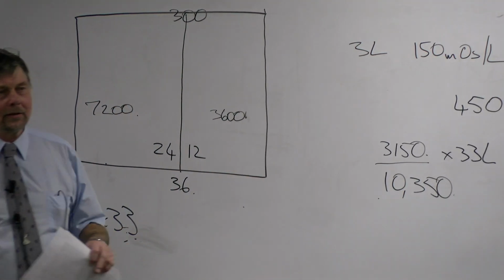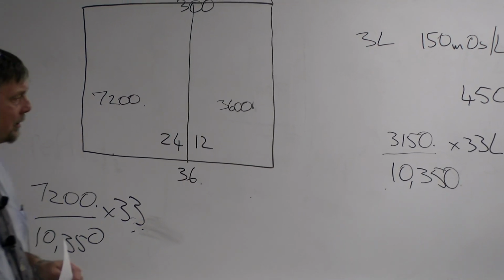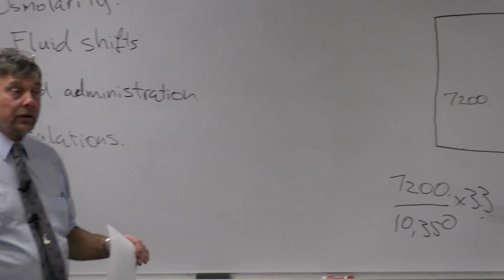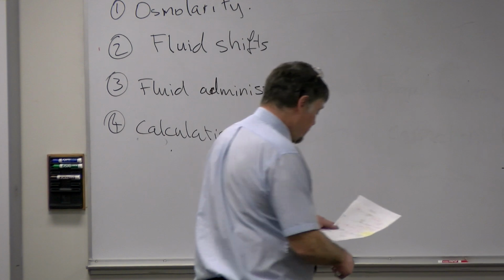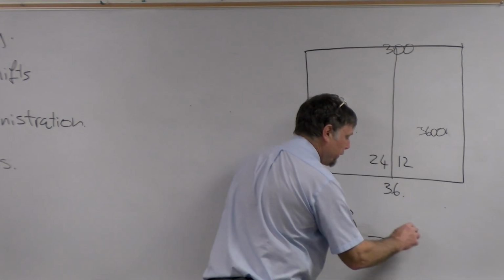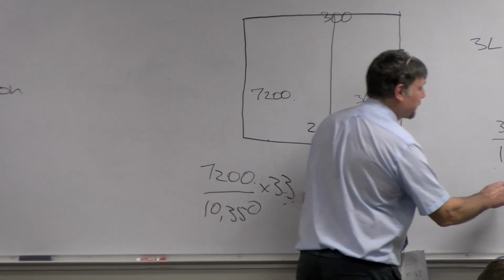Are you calculating how much volume right now in the extracellular and intracellular? Yeah, the question asks us to do that, and if you calculate this out, it comes to about 23 liters, and this comes out at about 10 liters.